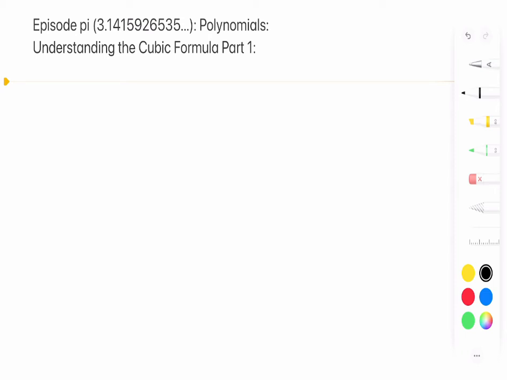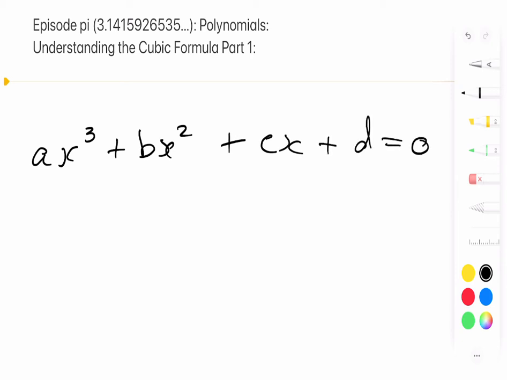This is the 6th video of my series on polynomials, and today is the first episode of a two-part series on the understanding of the cubic formula. So first we've got to write down the general cubic, which is ax cubed plus bx squared plus cx plus d equals 0.